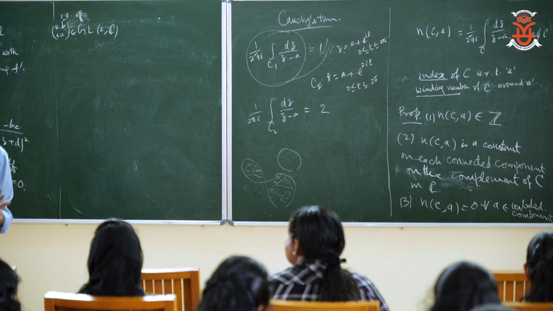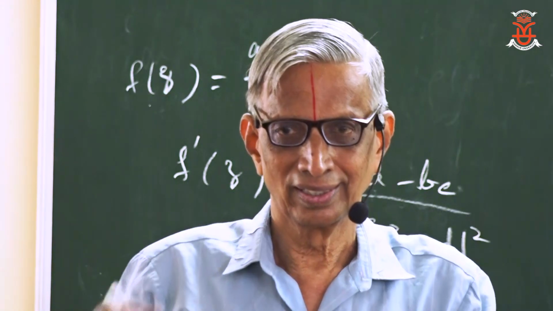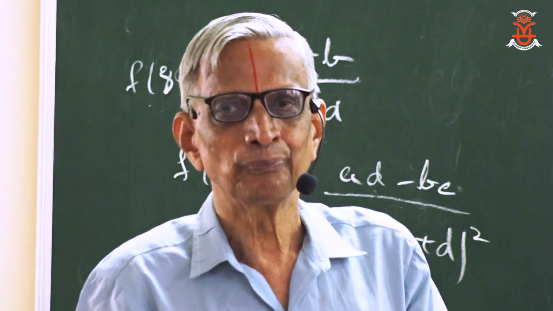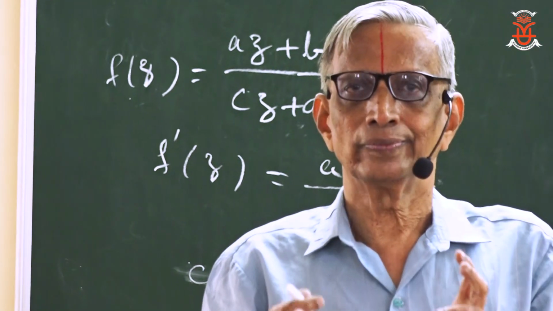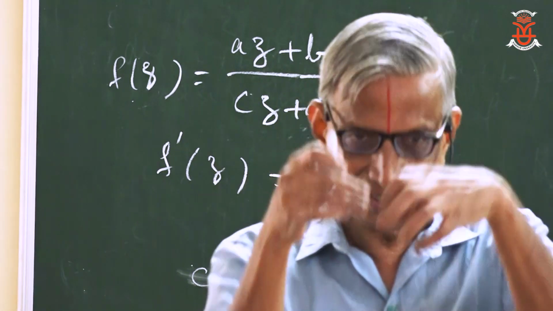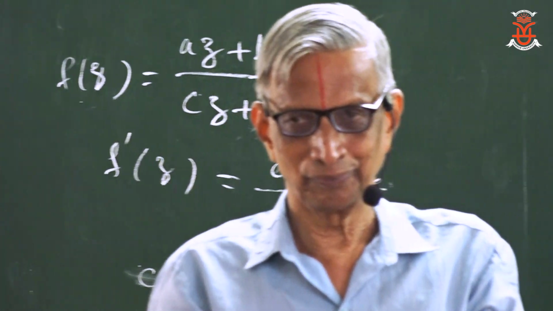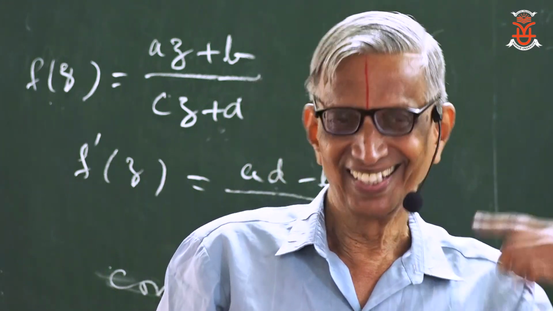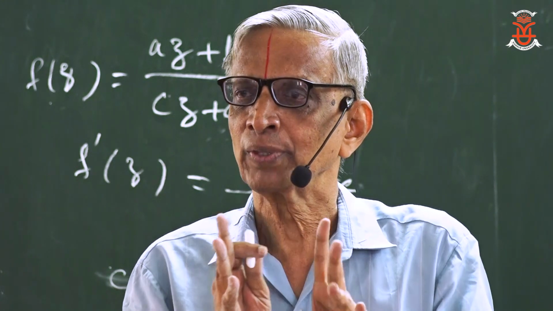So suppose you have a C, you have a domain omega, and C is something inside omega. Saying that the interior of C, suppose we have not properly defined what is meant by interior of C, it doesn't matter.